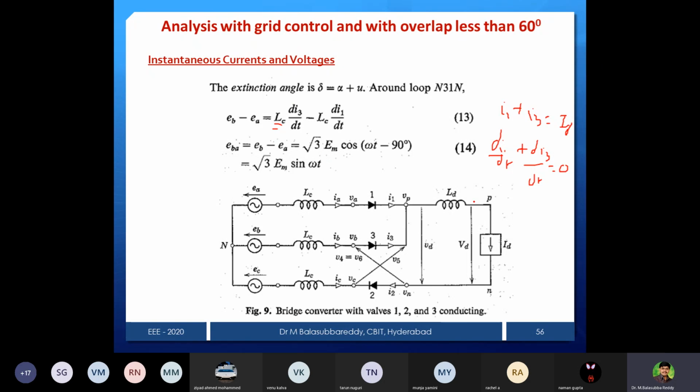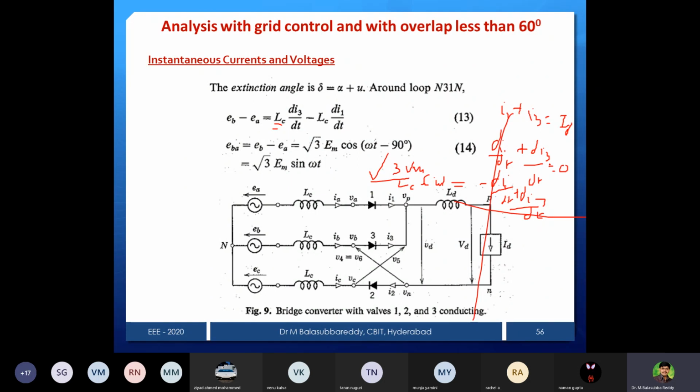And you can write here: di3 by dt minus di1 by dt is equal to root 3 M by LC sin omega t, and you just add, this will get cancelled out.